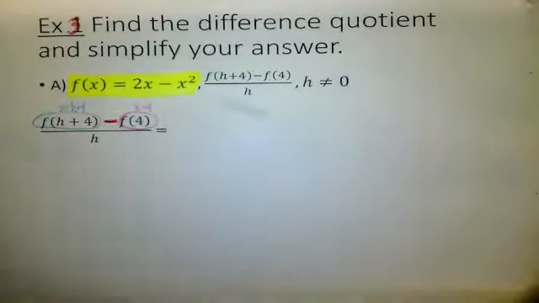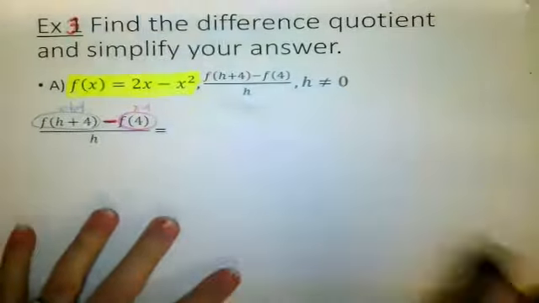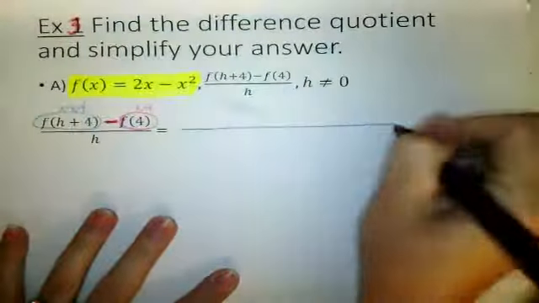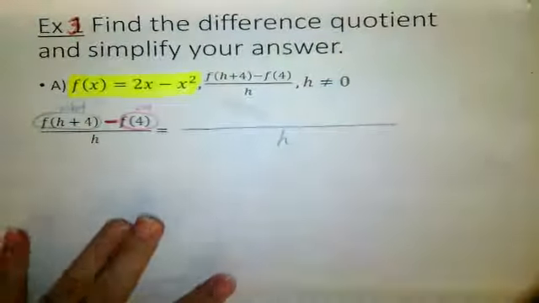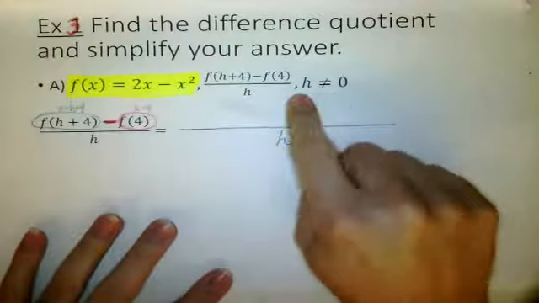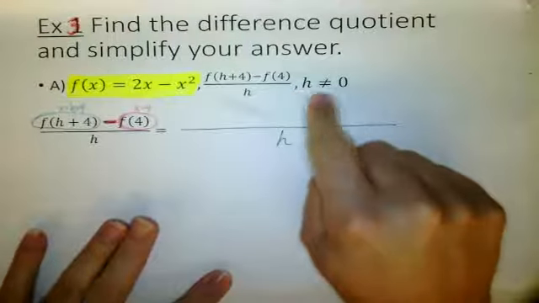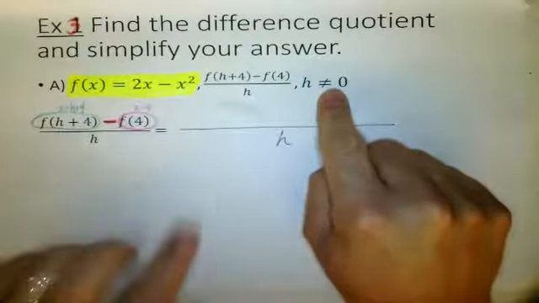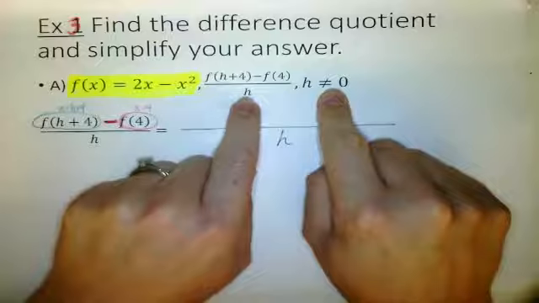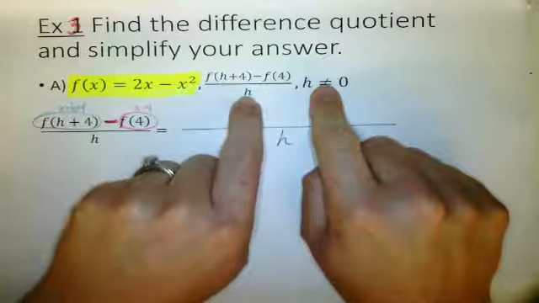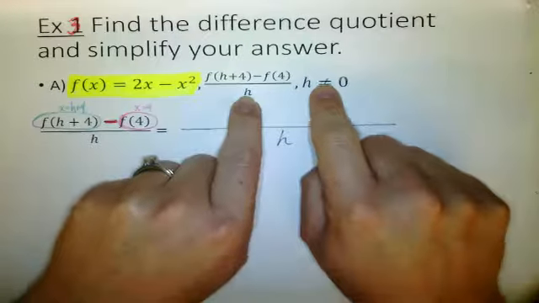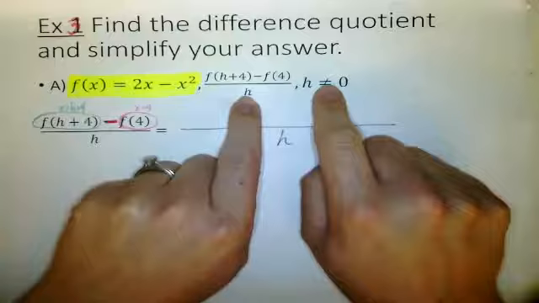All right, so otherwise, it's just algebra. Now, don't get confused. We have a big quotient. It's dividing by h. This part right here, h is not 0. That's a little bit of extra information, and they're telling you we're not allowed to divide by 0. So they're just giving us the extra information that, yes, you're right, h is not going to be 0.